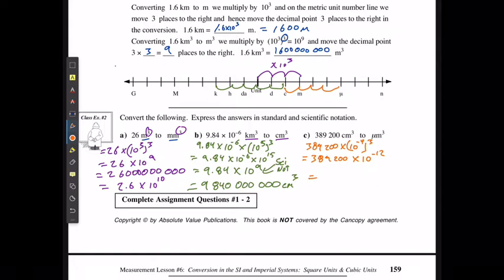Now, this is going to wind up giving me, if I have to move it 12 places over, .892 times 10 to the negative 7 micrometers cubed, or 0.000003892 micrometers cubed.